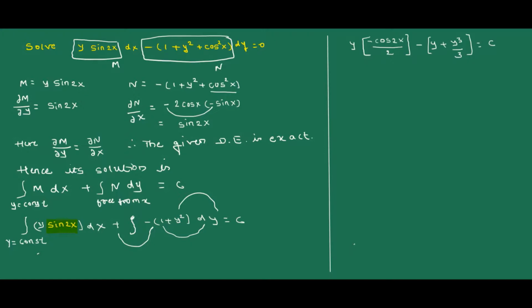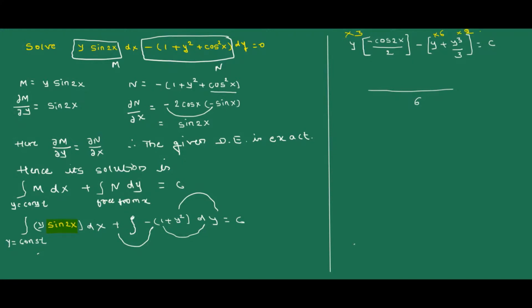And you can also write it as, if you take LCM, LCM is 6. Here we have to multiply with 3, and here we have to multiply with 6, and here we have to multiply with 2.